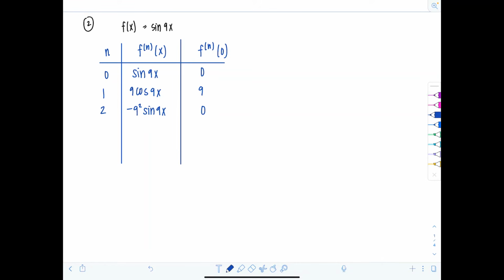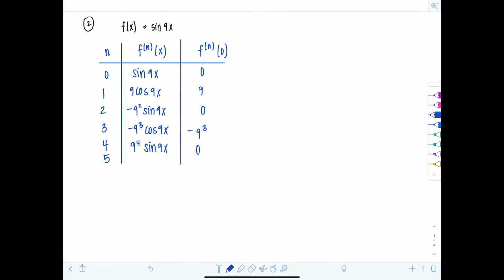Third derivative is going to be negative 9 cubed cosine of 9x. Notice I'm not multiplying out those powers of 9. It's going to help me with finding the pattern when I want to write this in sigma notation. So leave it. And this is negative 9 cubed. Fourth derivative is 9 to the 4th sine 9x, which evaluated at 0 is 0.